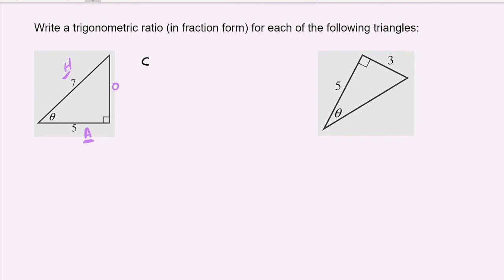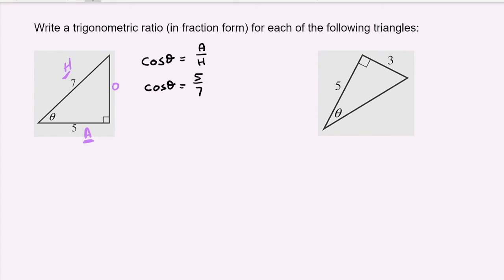So we want to use cos theta equals A over H, and then we put in what we know. We don't know the value of theta yet, but all we're going to do is pop in 5 over 7. That's all we need to do for this type of question.